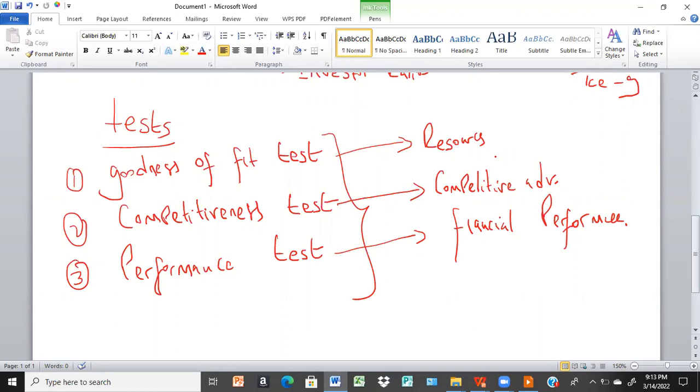Ratio analysis can also be done when evaluating strategies. But you must mention that these are the three tests that we use before we can choose a strategy.